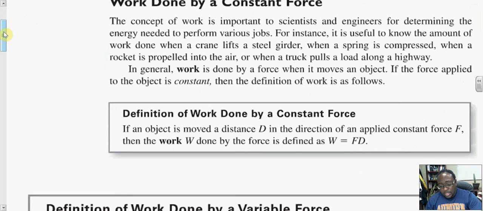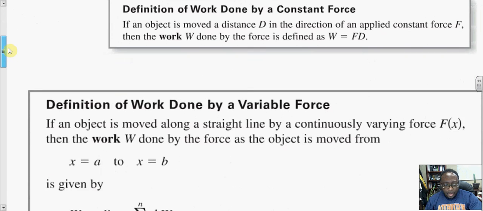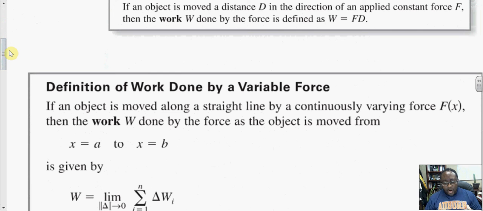So obviously, in this situation calculus would not be needed. But if it's a variable force, that means that over the progression of time, things are changing, if the distance is not constant.